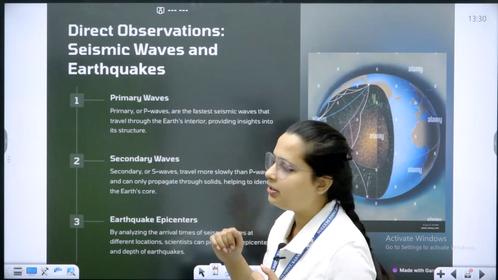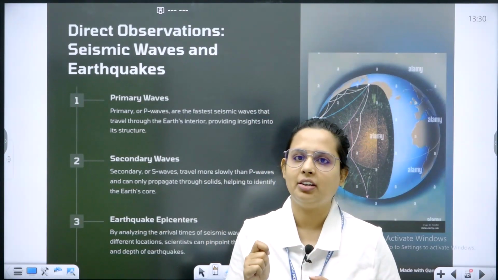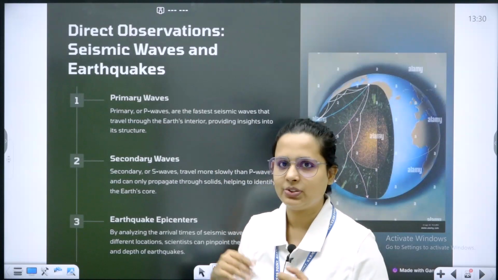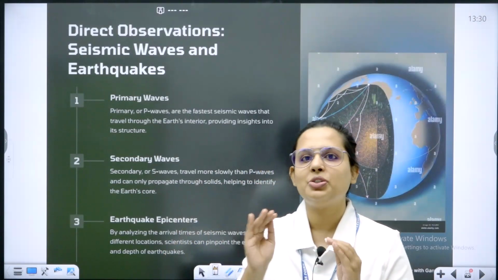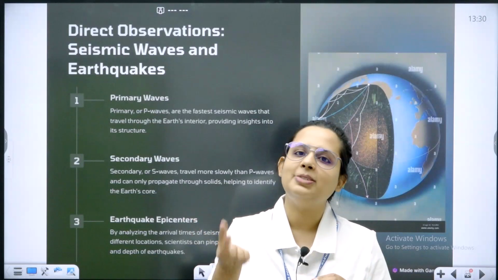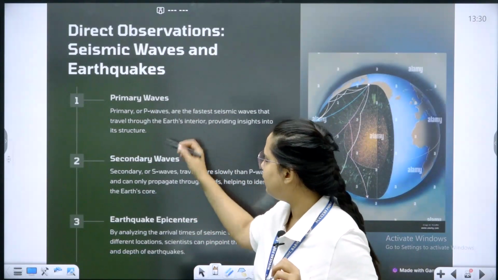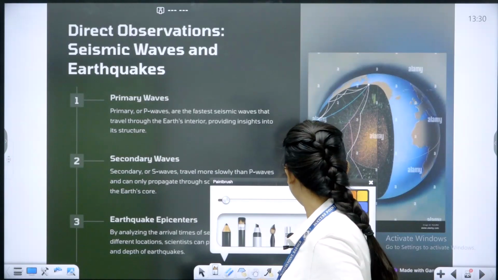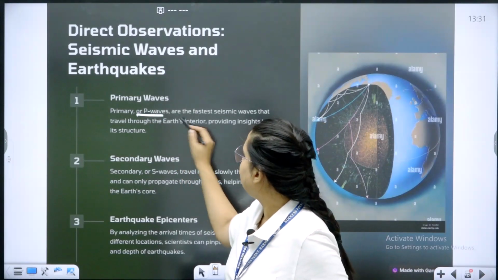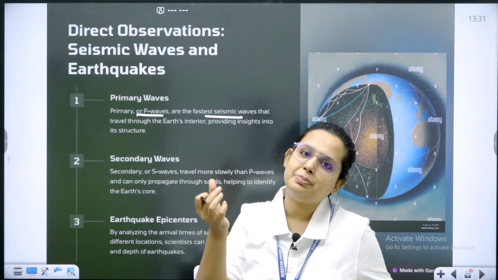The first wave that is generated by the trembling of the Earth is called the primary wave. These are the first waves that you see on the seismograph, and that is why they are called primary waves, popularly called P waves. They are the fastest seismic waves. Why are they called seismic waves?